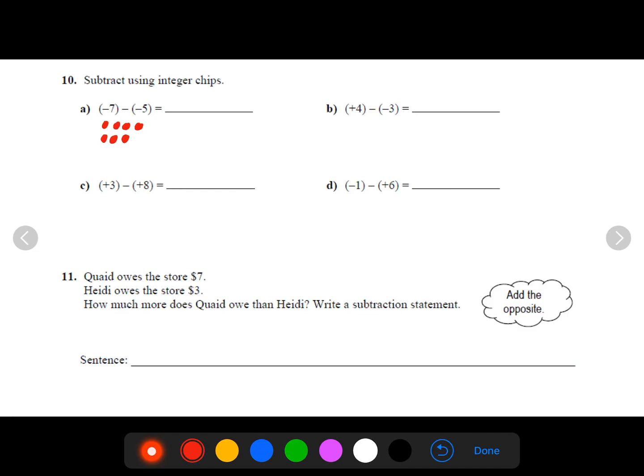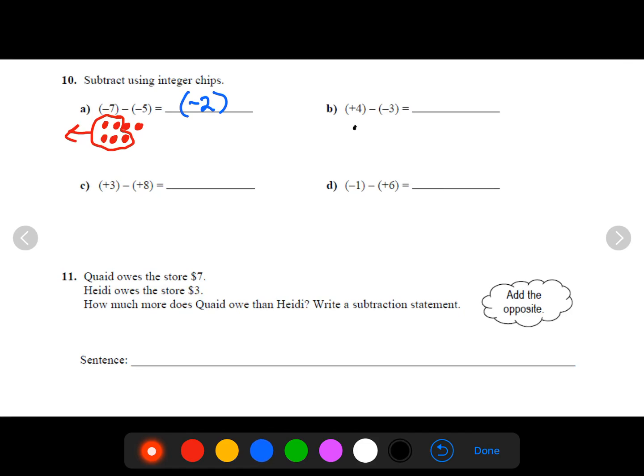So I'm taking 5 away. Which leaves us with 2. So that means our answer is -2.